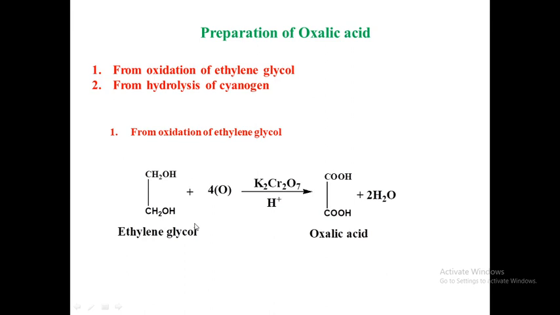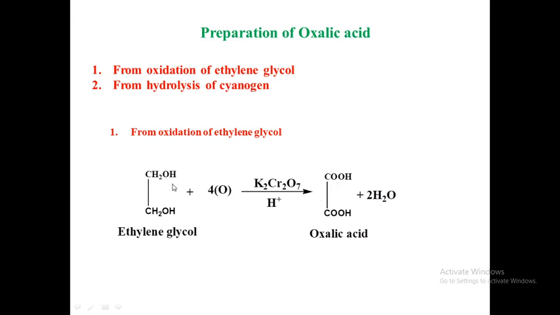Here, when ethylene glycol is oxidized with oxygen in presence of potassium dichromate, K2Cr2O7, as a catalyst, and sulfuric acid or any acid, it forms our target compound, oxalic acid, with the elimination of a water molecule. This is your reactant and this is your product.